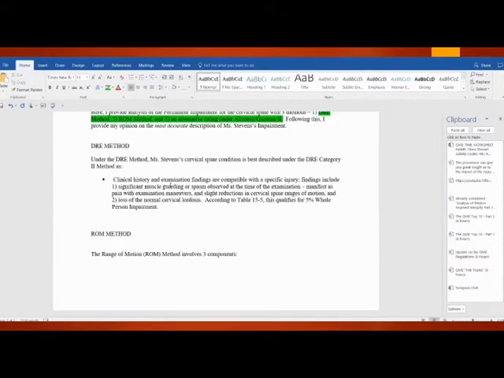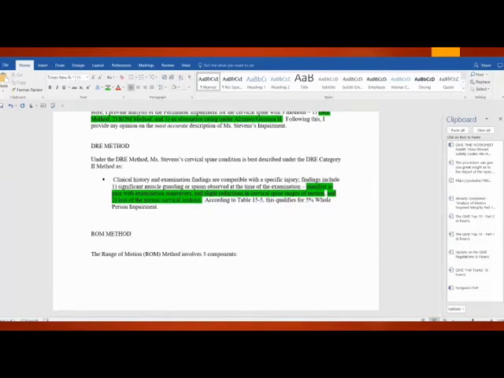And in the case of this examinee, the muscle guarding was manifested as pain with examination maneuvers and slight reductions in cervical spine ranges of motion, as well as a loss of the normal cervical lordosis. And many times, medical radiologists will refer to a loss of the normal cervical lordosis as a radiographic finding for muscle spasm.